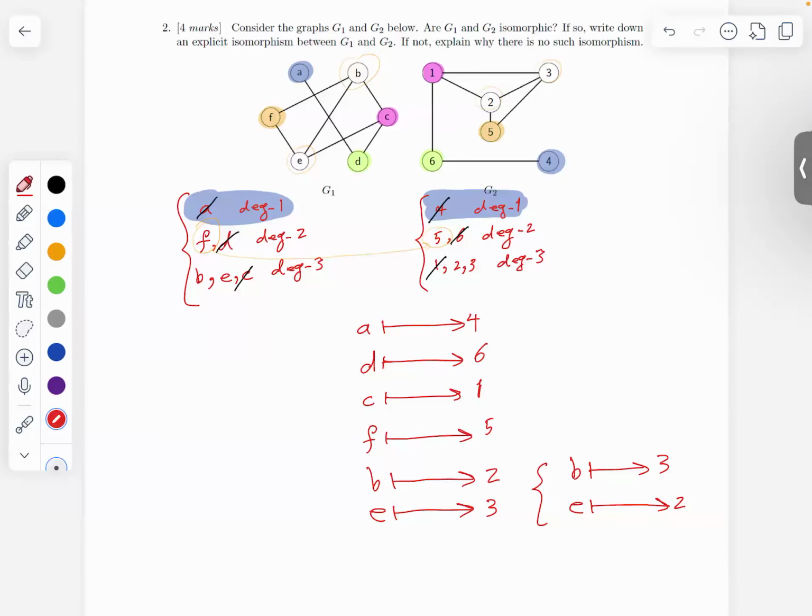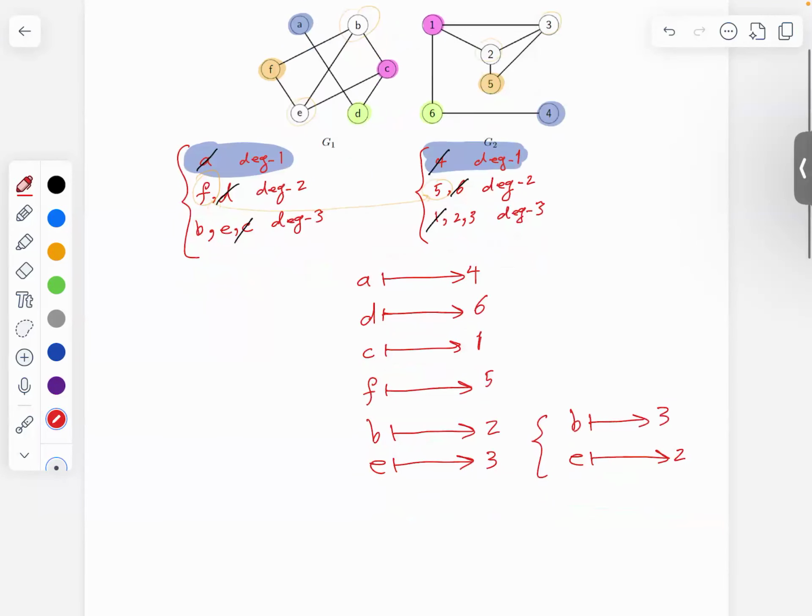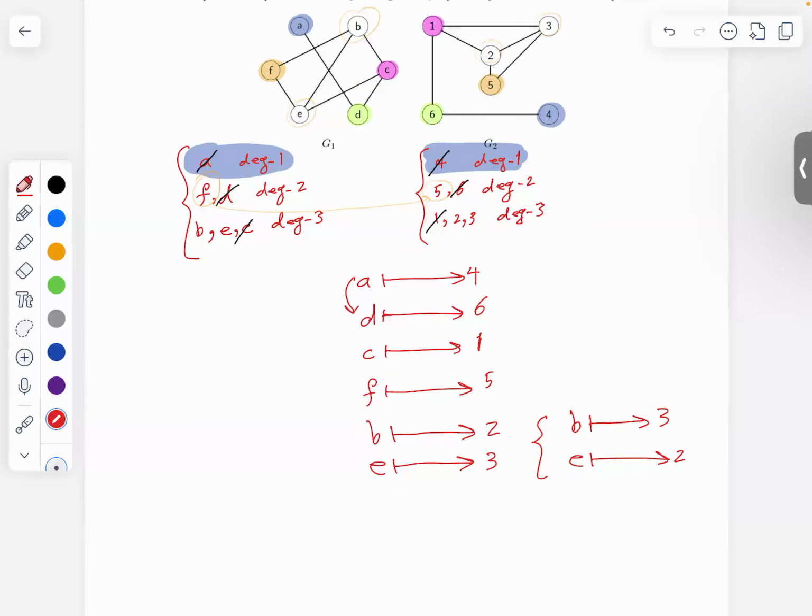This means you need to write this map as well. Like A to D, 4 to 6, then D to C, 6 to 1, and from C to E, and there is 1 to 3 as well. And there is 3 to 1 as well, and B to E as well.